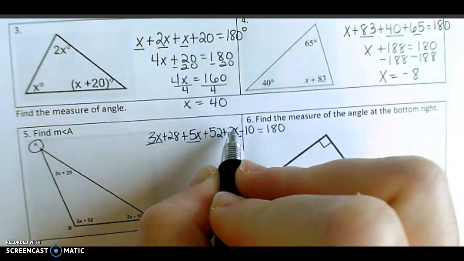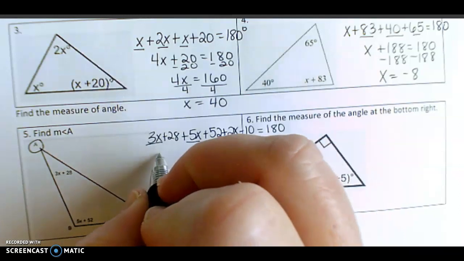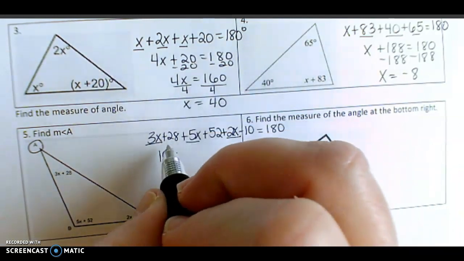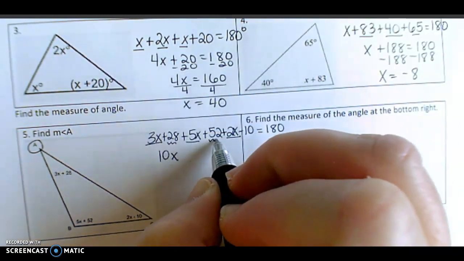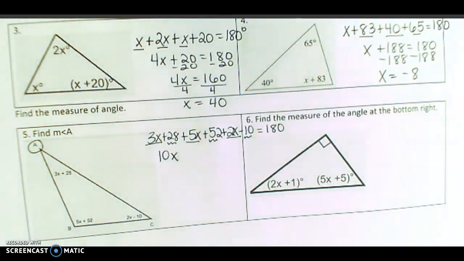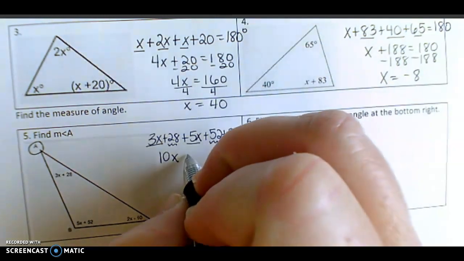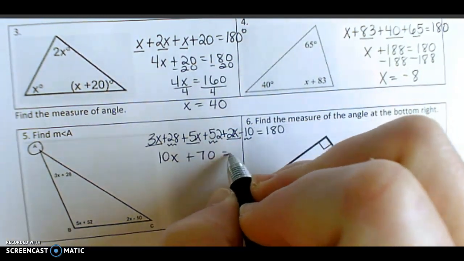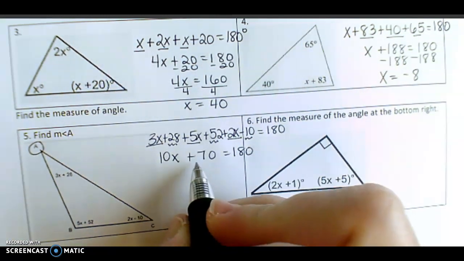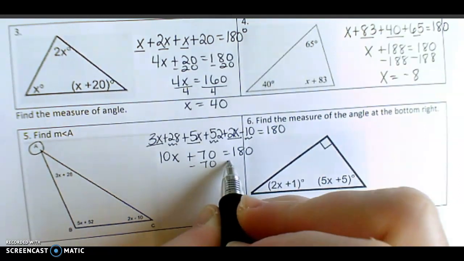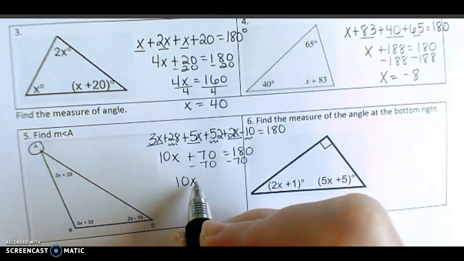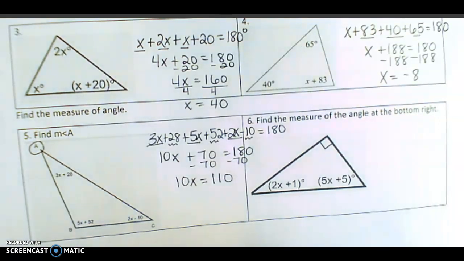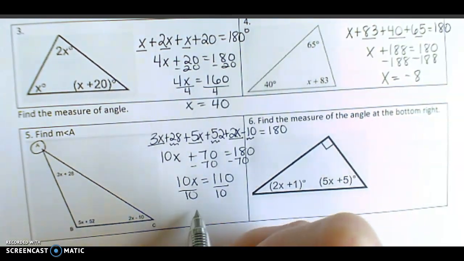So there's 3, 5, and 2 more. So that's 10x. Then I'm going to add my numbers, 28, 52, and negative 10. Okay, and now I'm going to just solve the equation, so I'm going to subtract 70 on both sides. And then I'm going to divide by 10.